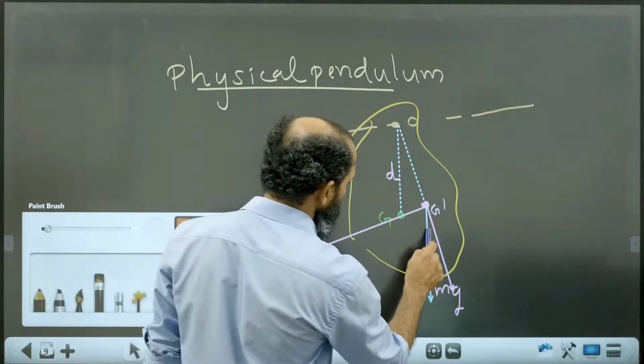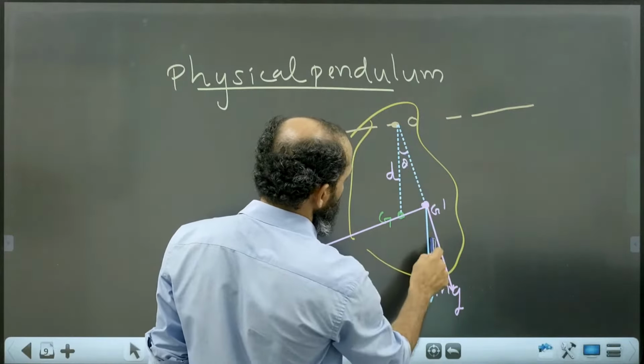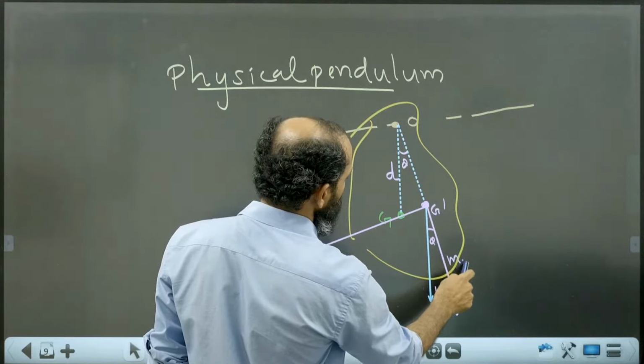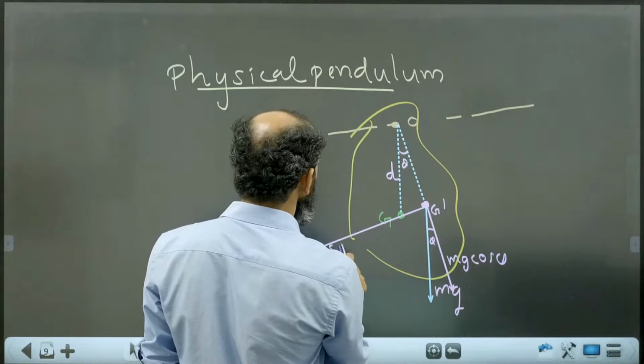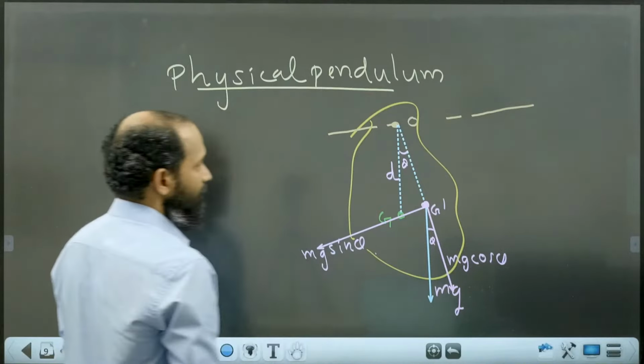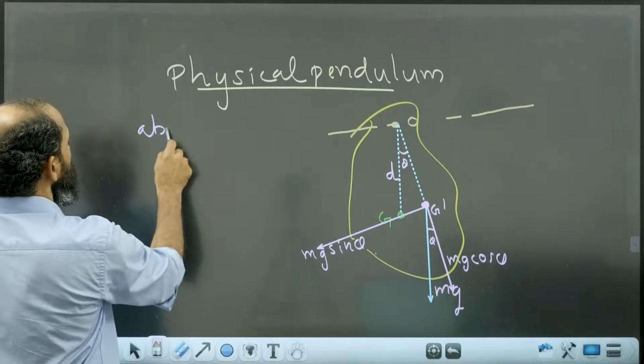As this angle is theta, this component will be mg cos theta, and this one will be mg sin theta. About O you measure torque.